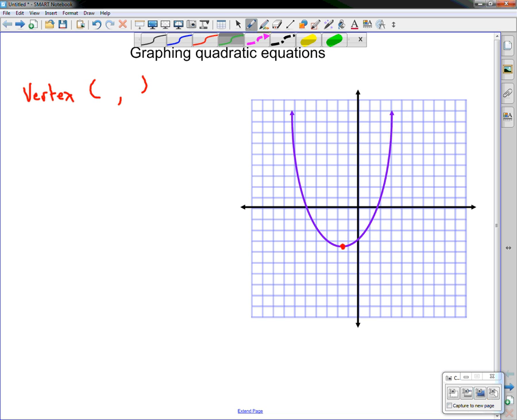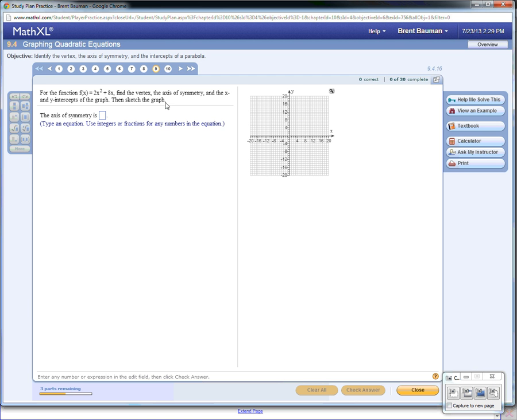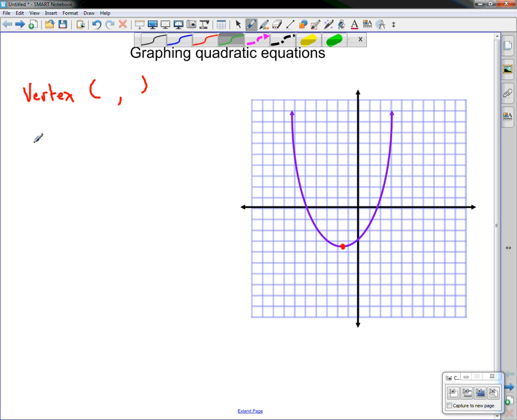The next part we're looking for is the axis of symmetry. So what the axis of symmetry is, is a vertical line that cuts our parabola in half.